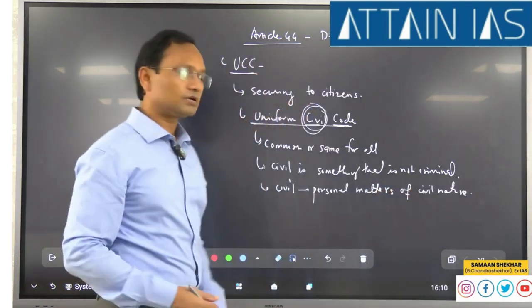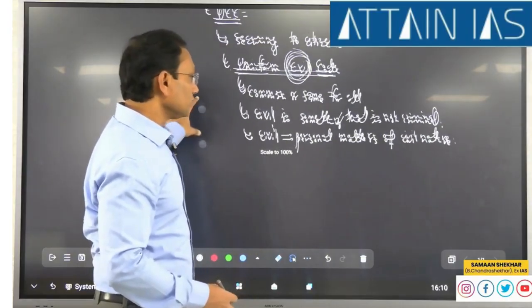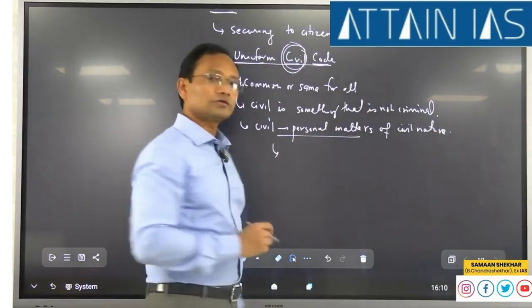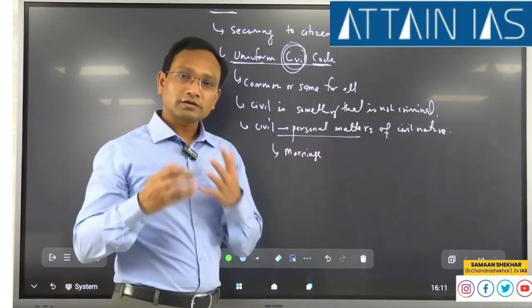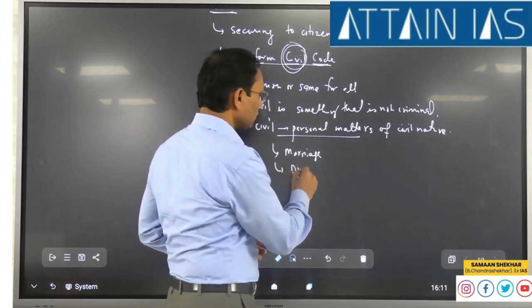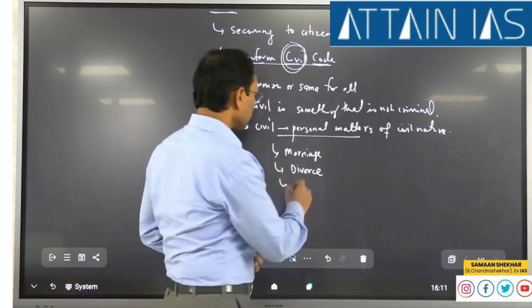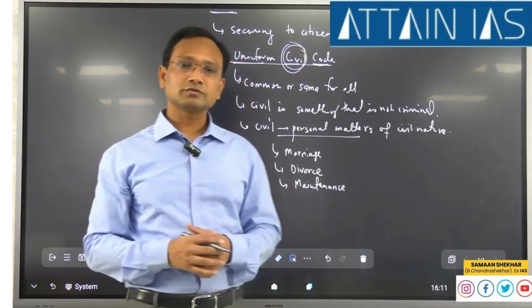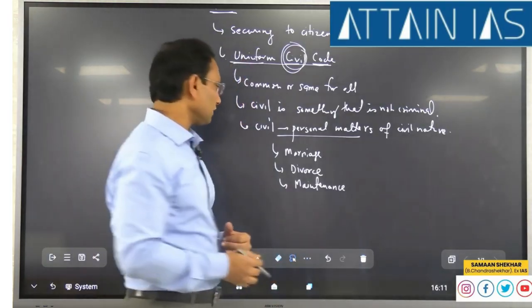Now, what are those personal matters of civil nature? These personal matters of civil nature would generally include such as marriage. Another important element within that or related to it is divorce. Very important issue that comes up is maintenance, right? Maintenance that's to be given to the wife after divorce.